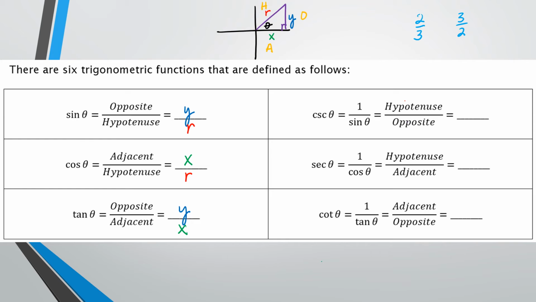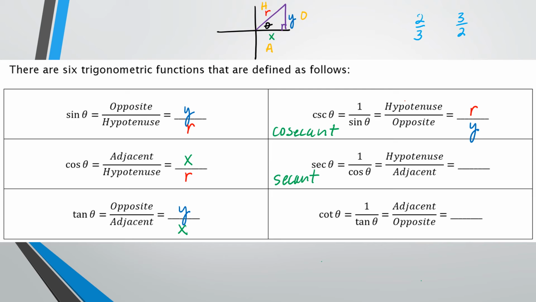So instead of sine, which is opposite over hypotenuse, this one right here, which is called cosecant, is hypotenuse over opposite. So instead of y over r, it's going to be r over y. And then the next one is called secant, and that one goes with cosine.